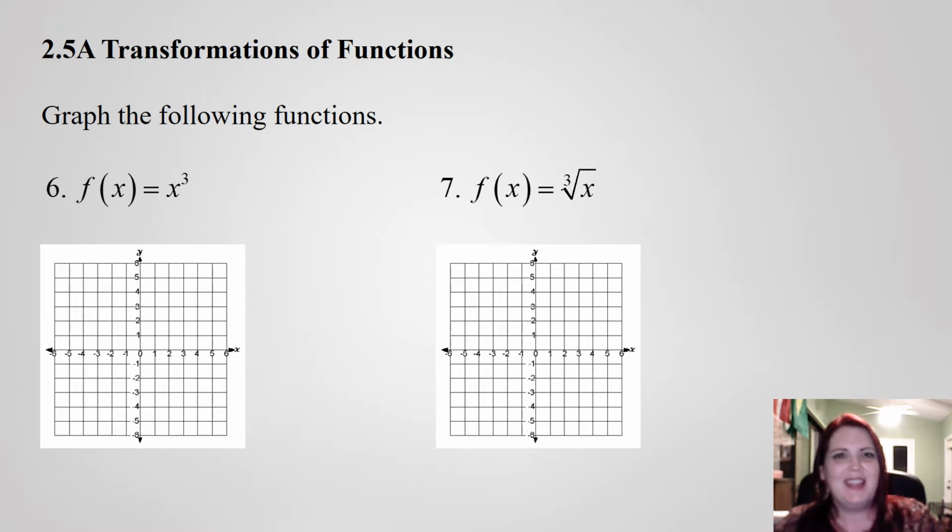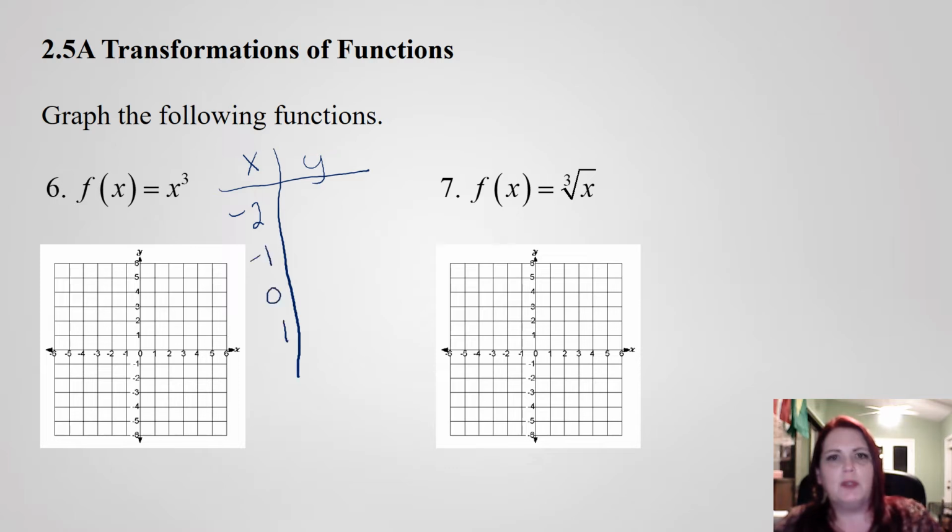All right, let's go to the next. Number 6, we're going to look at f of x is equal to x cubed. Let's go negative 2, negative 1, 0, 1, and 2. The cube of negative 2 is negative 8. Negative 1 cubed is negative 1. 0 cubed is 0. 1 cubed is 1. And 2 cubed is 8.